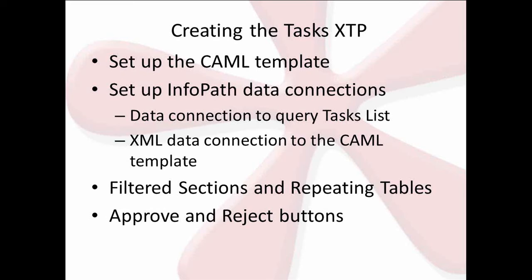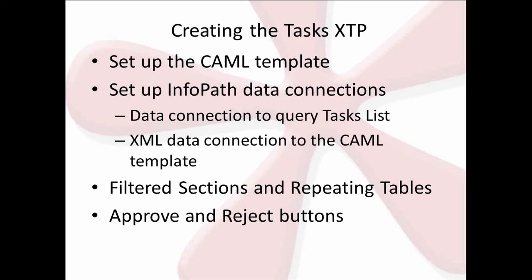We've set it up to connect to that CAML template, and there are two data connections in that template part. There is a data connection that queries the task list, and there is also an XML data connection that queries the CAML template.